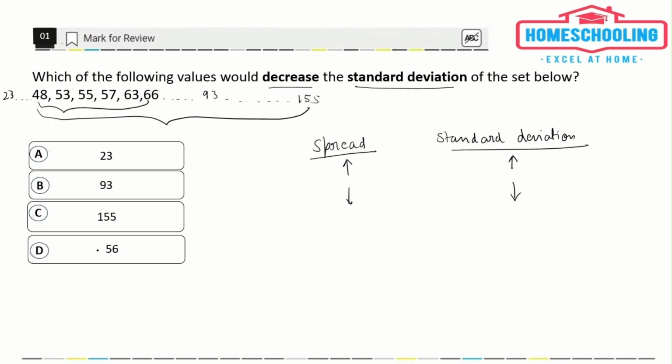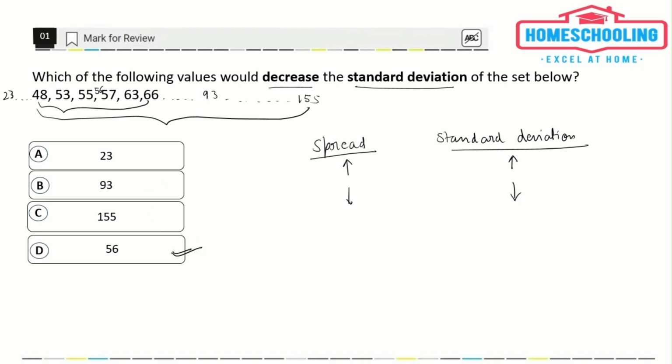As we can see, 56 will come somewhere here, between this spread only. This will decrease our spread because we are not putting a data point before 48 or after 66. The data point is between the 48 to 66 range. Hence our standard deviation will decrease. So option D will be the correct answer.